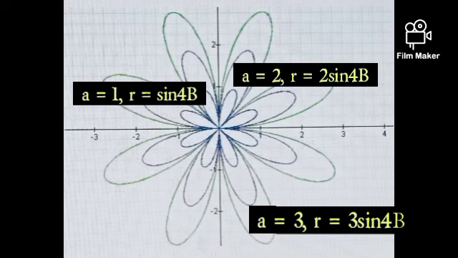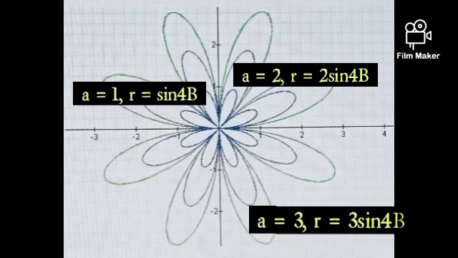We have seen that if the value of n remains constant or fixed and the value of a varies, the length of the petal of the rose differs, and the length of the petal of the rose is represented by the value of a.